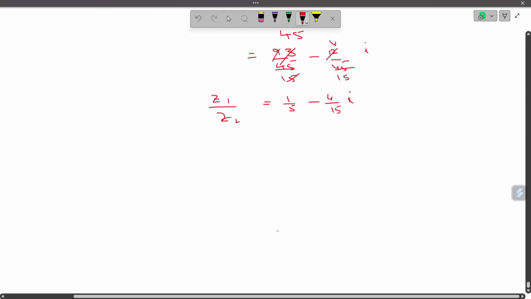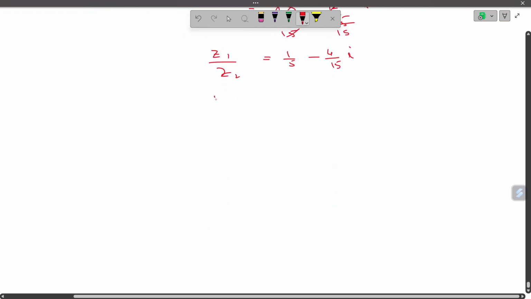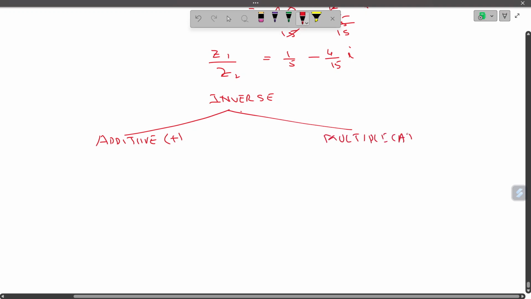Then comes inverse. One more important property, inverse of a complex number. Suppose there are two: additive inverse, multiplicative inverse.